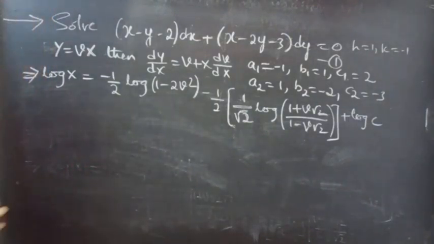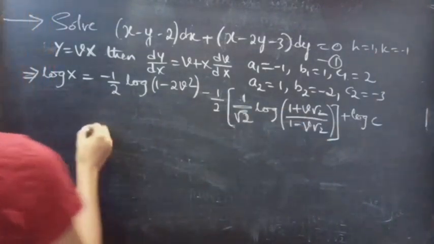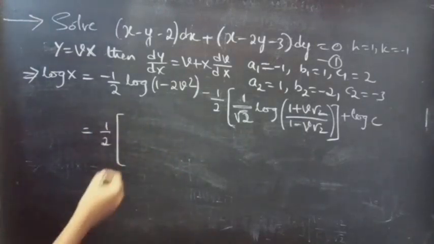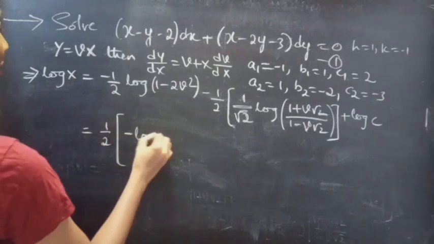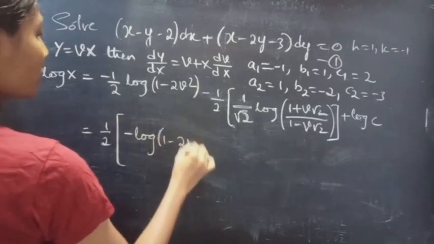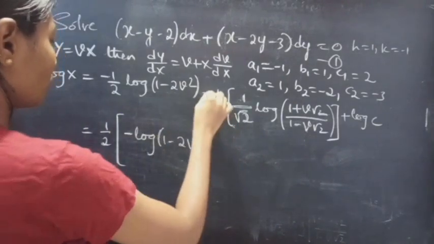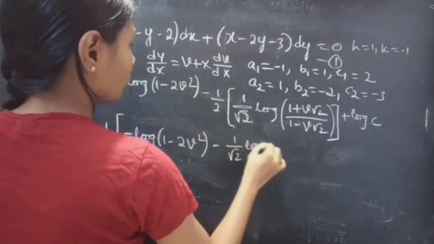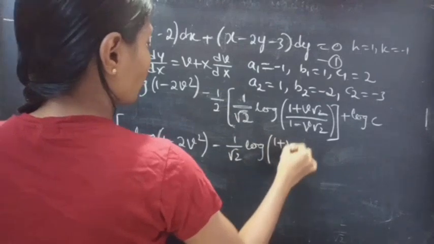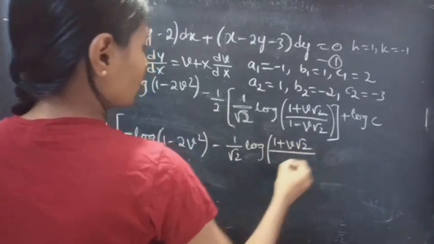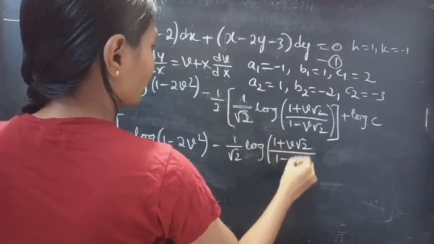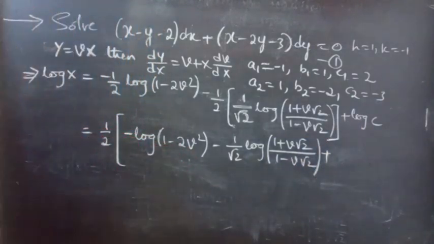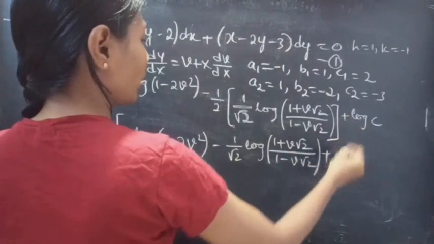Now take 1 by 2 common from all the terms in RHS. 1 by 2 times minus log 1 minus 2v square minus 1 by square root of 2 log 1 plus v root 2 by 1 minus v root 2 plus, see we don't have 1 by 2, right?